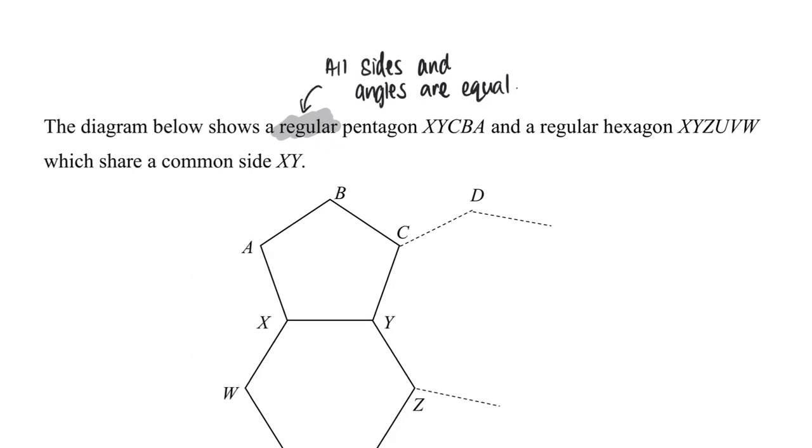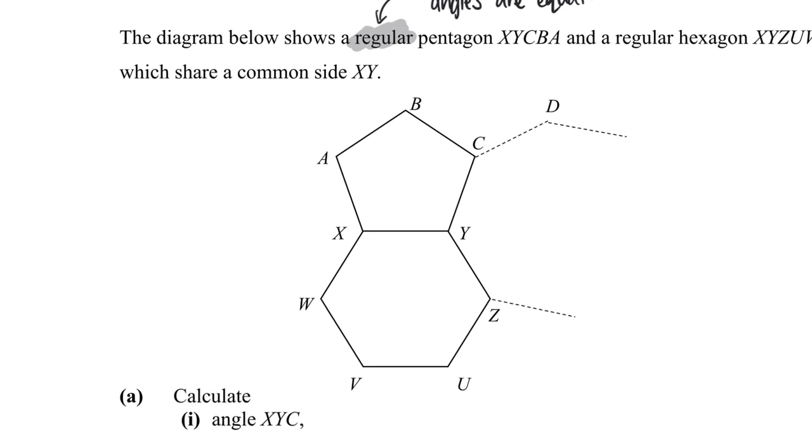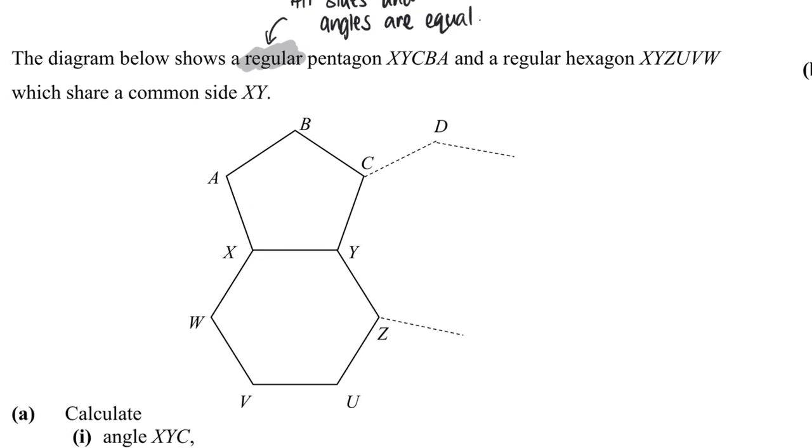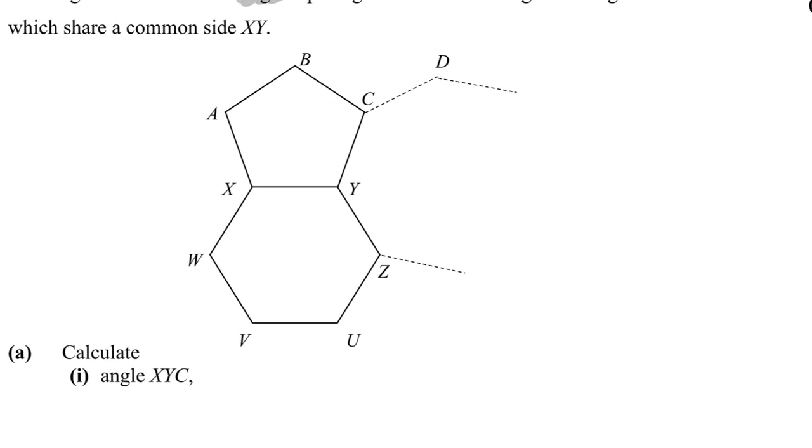There's a pentagon as well as a hexagon, and they share a common side, XY. Okay. Calculate XYC, which is this angle here. So we can see that this is actually the interior angle of the pentagon.